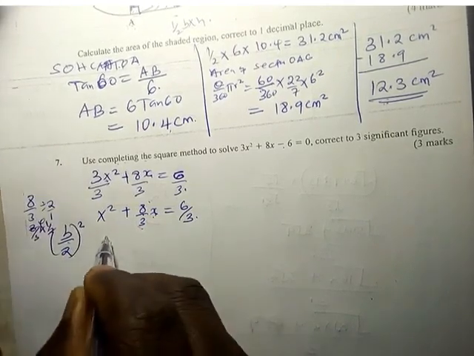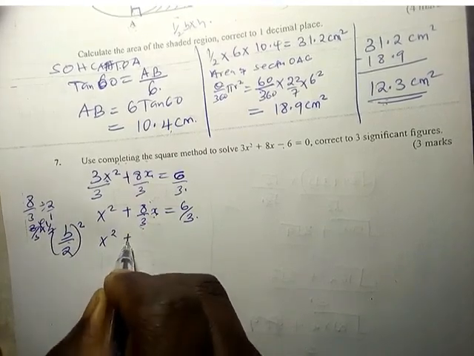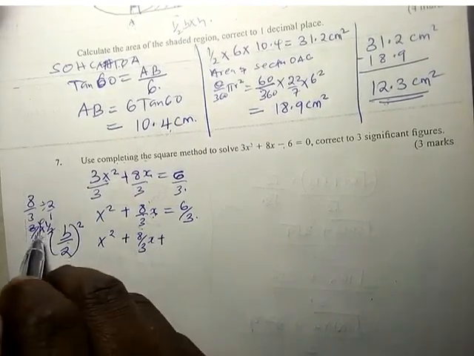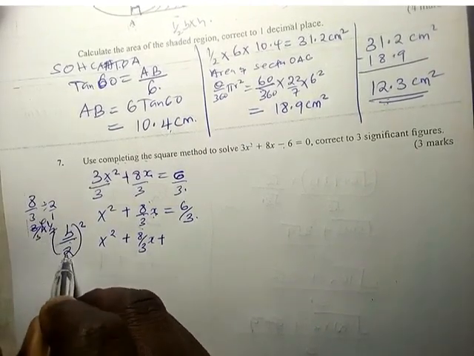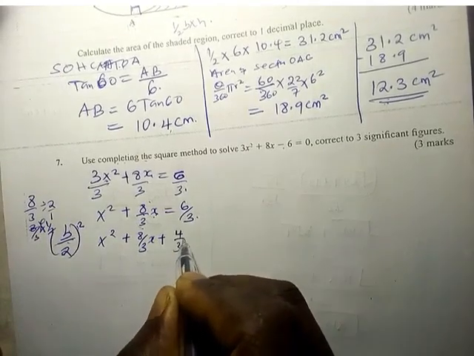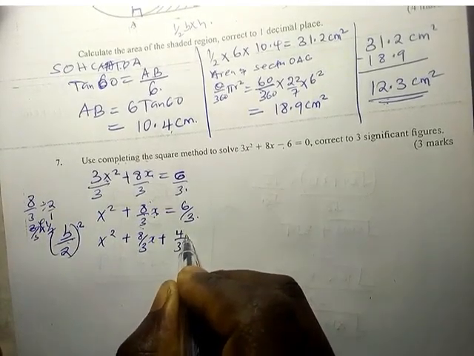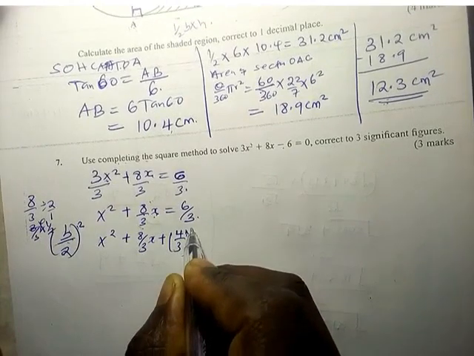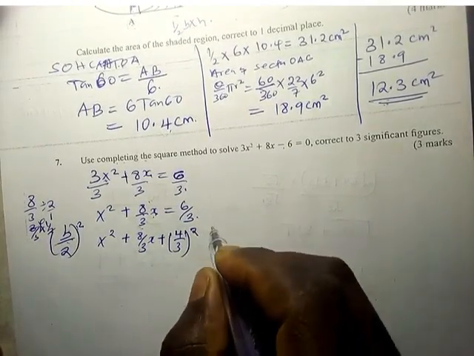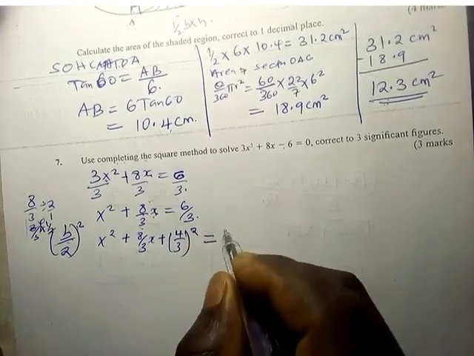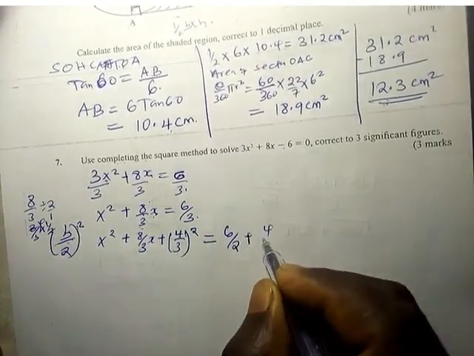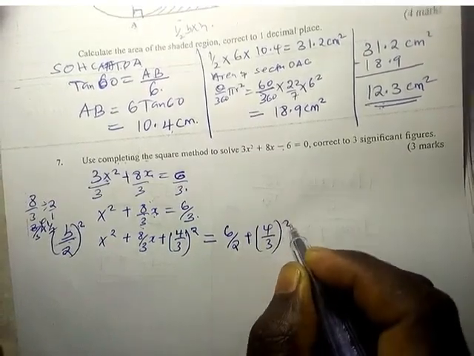So we are going to have x squared plus 8 over 3x. We add now b over 2 squared, which is now 4 over 3 squared. Right? Which is equal to 6 over 3 plus the same 4 over 3 squared.